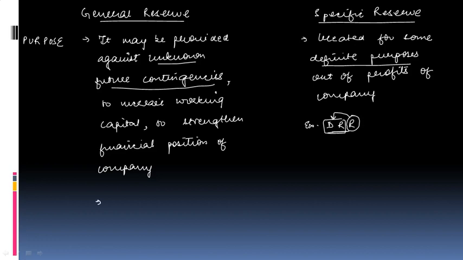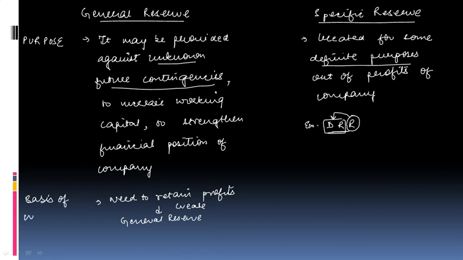Right. After that. If I talk about general reserves, you need to retain profits. Then you can straight away transfer it to general reserve. You can create general reserve. Right? So this is all about from where the money is going to be transferred, or you can say basis of creation. The basis of creation is going to be profits of the company. Right?